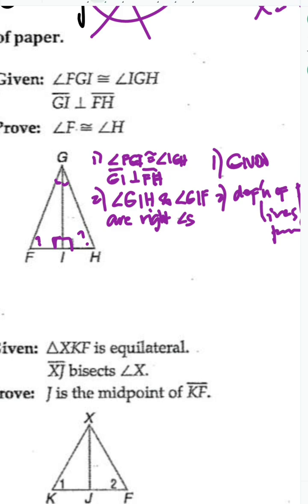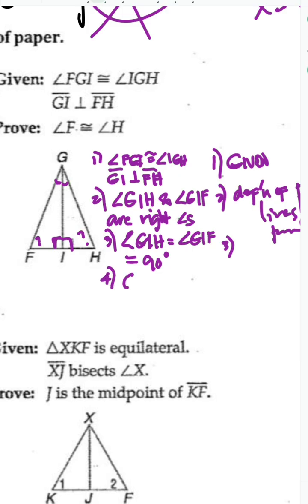Alright, so we define the right angles, and right angles are equal to 90 degrees. So that means angle GIH is congruent to angle GIF and equal to 90 degrees. Definition of right angles: right angles are equivalent to 90 degrees.